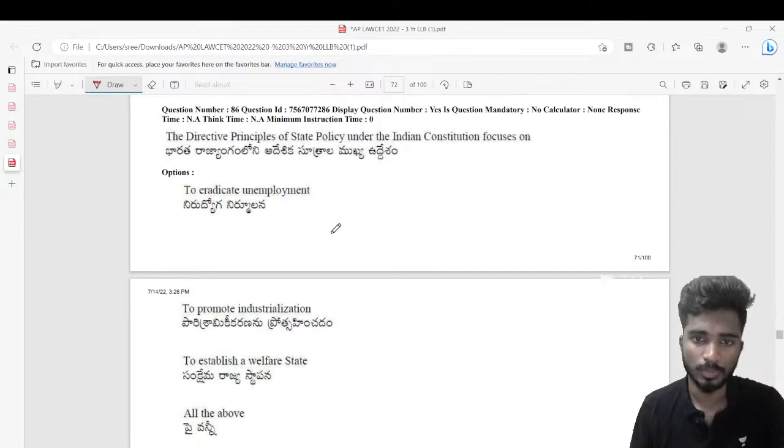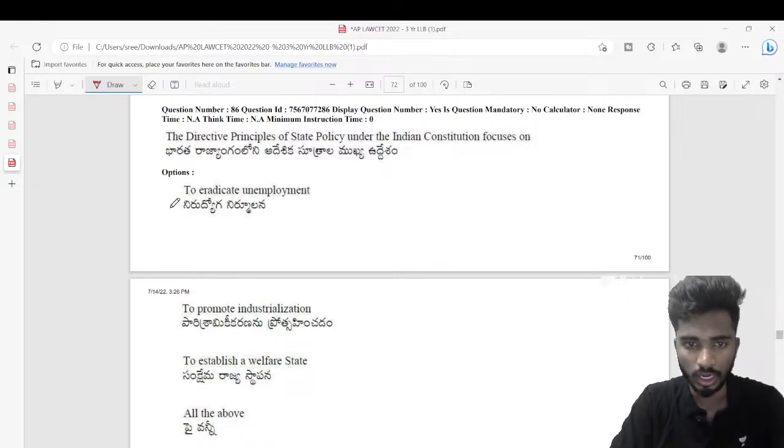The directive principles of state policy under the Indian Constitution focuses on what? భారత రాజ్యాంగంలోని ఆదేశిక సూత్రాల ముఖ్య ఉద్దేశం ఏంటి? Write it down in the chat window.